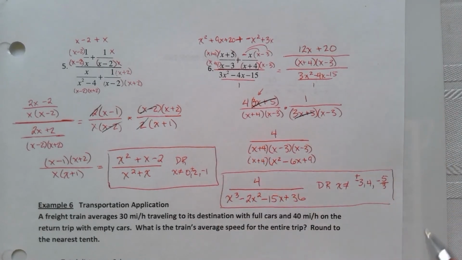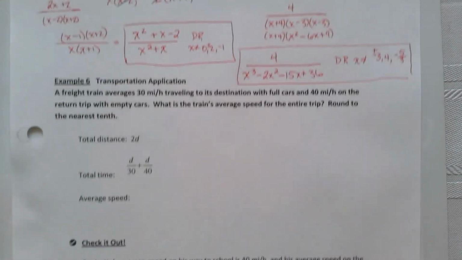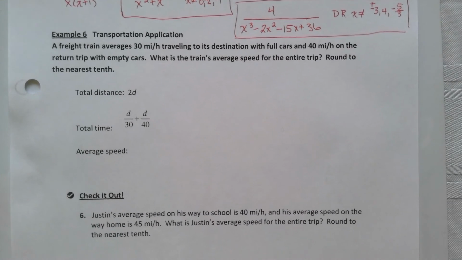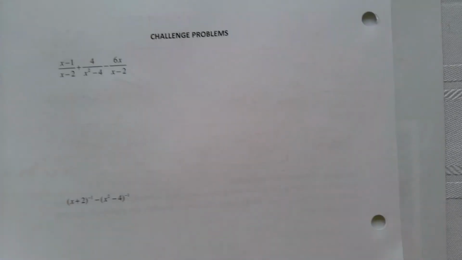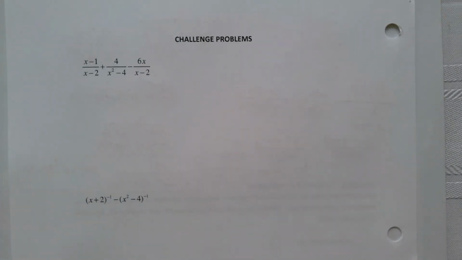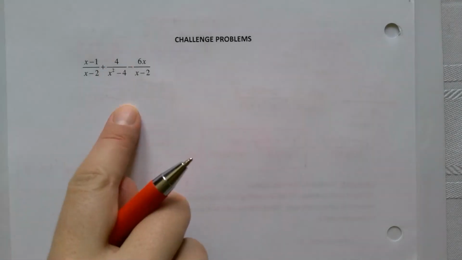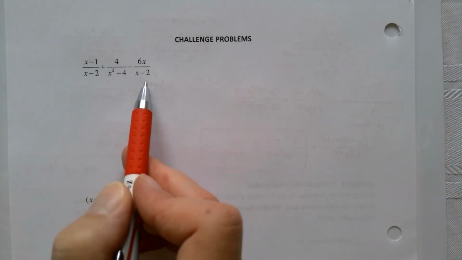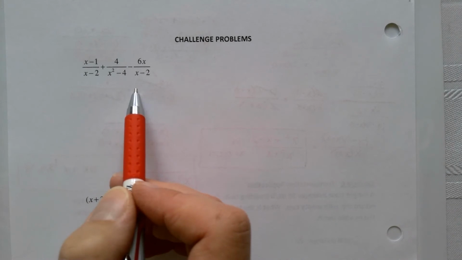Okay, so that is what you need for this lesson. I have here a word problem, an application problem that I'm going to take the time and talk about. But I also have on the back some more practice and challenge problems, and you can see that we need to build a common denominator here. I don't think that one's so much of a challenge. I think the difference is there's 3 pieces, but this just goes back to part 1 where we're adding and subtracting fractions.